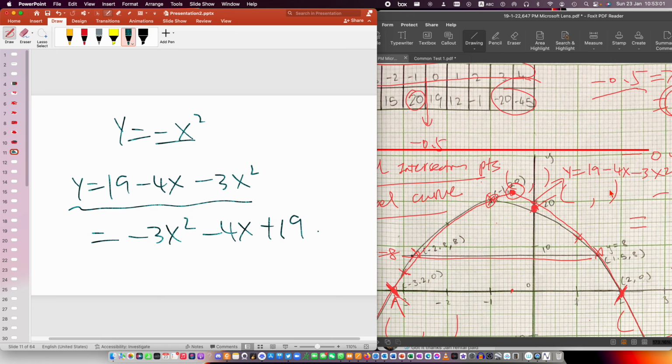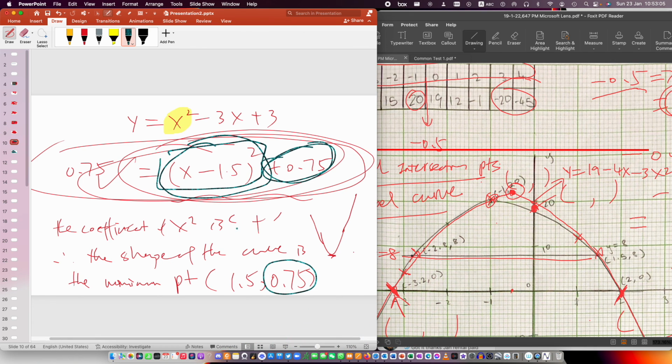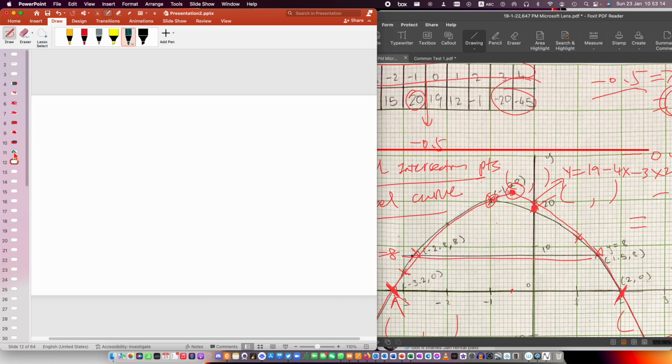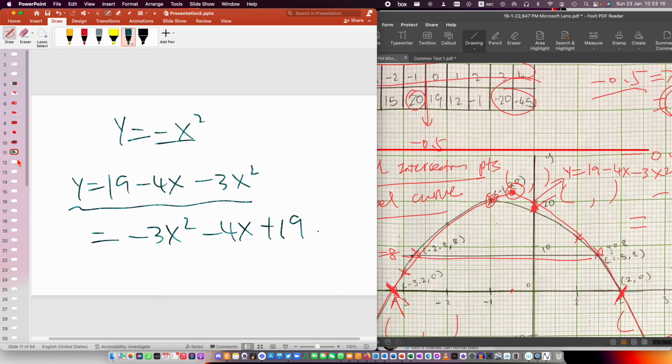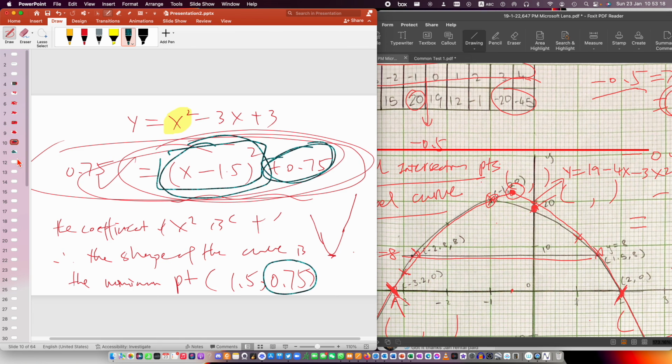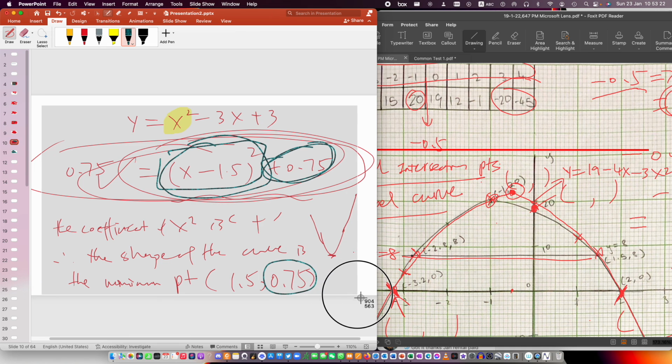Okay, so done. So how do you sketch once you get this? I'm talking about sketch here. So once you get this format, let me just get this into the next slide.